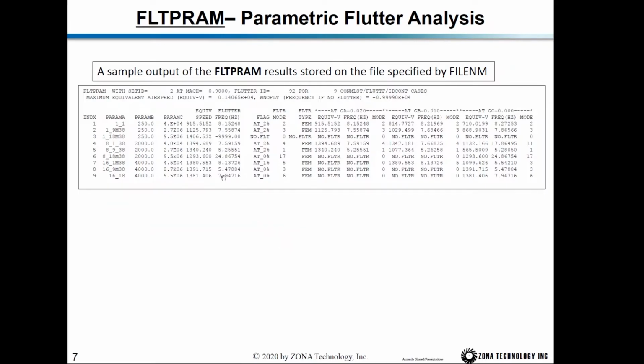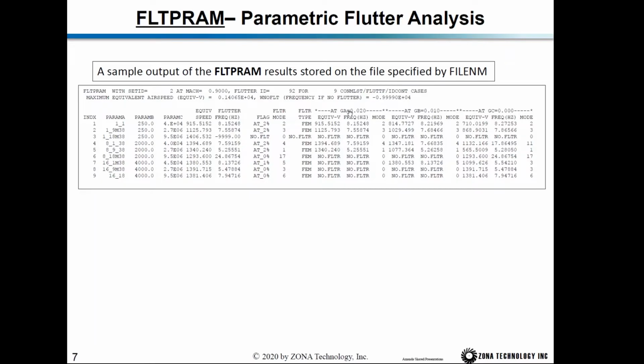So this is the sample output of the flutter summarized table, and it gives you the flutter speed and flutter frequency. This case shows that the flutter damping curve crosses 2% of damping for mode 2, and this case shows no flutter, and this case shows it crosses 0% damping, but it does not cross 1% damping, and this case shows it crosses the 1% damping, but it does not cross the 2% damping line.